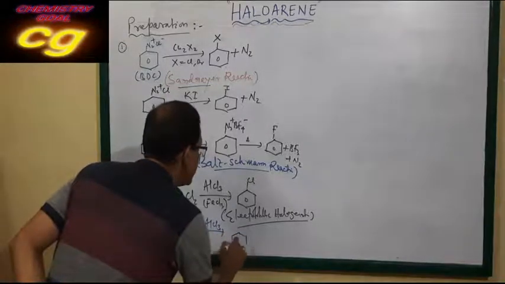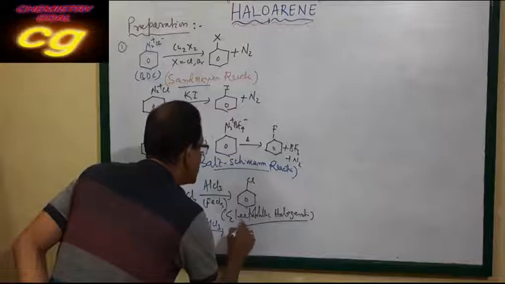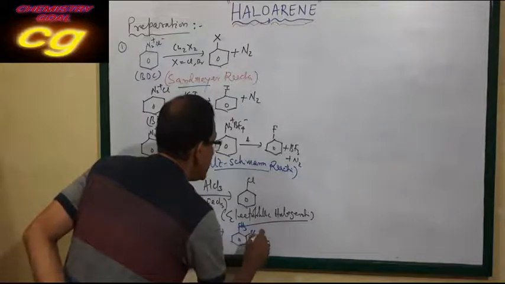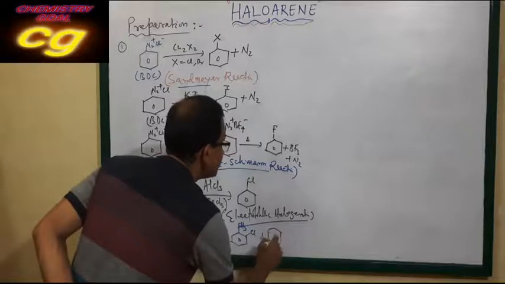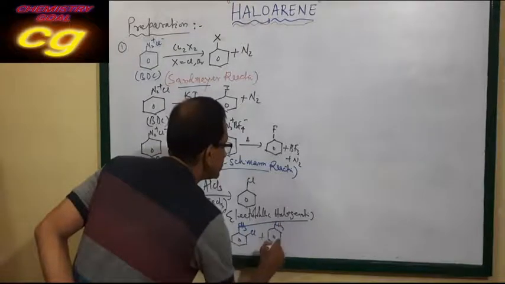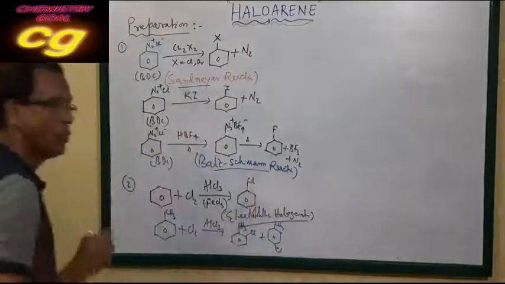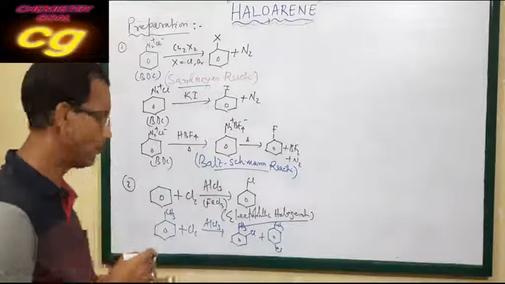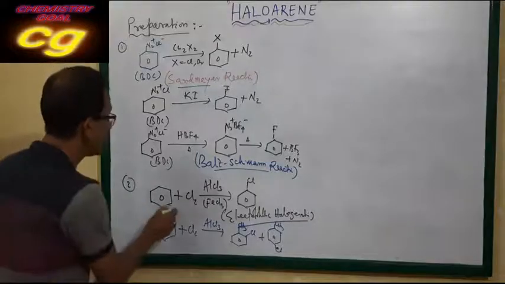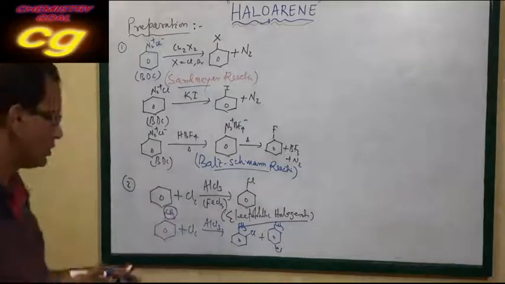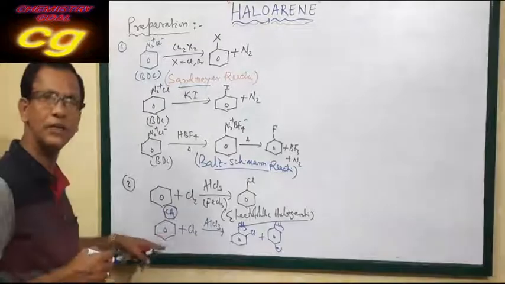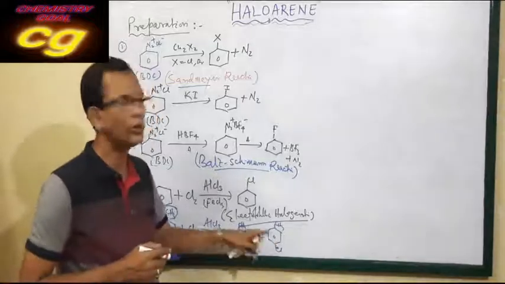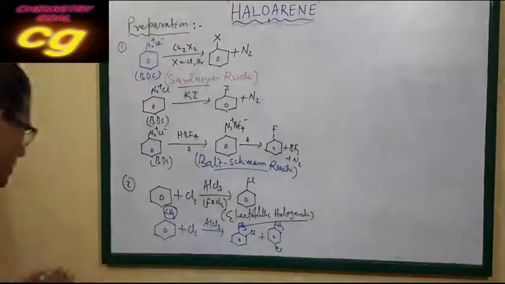The product will have CH3, but chlorine will be substituted at either the ortho position or the para position. Either orthochlorotoluene or parachlorotoluene will form. That depends upon the nature of the alkyl group present. As R is an ortho-para directing group, the product is orthochlorotoluene or parachlorotoluene.